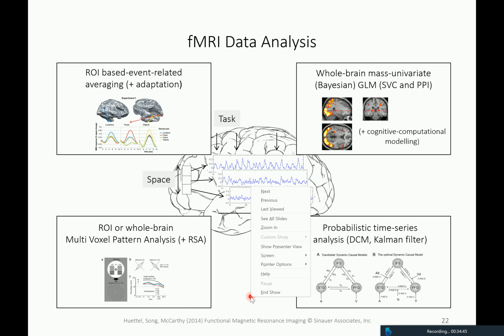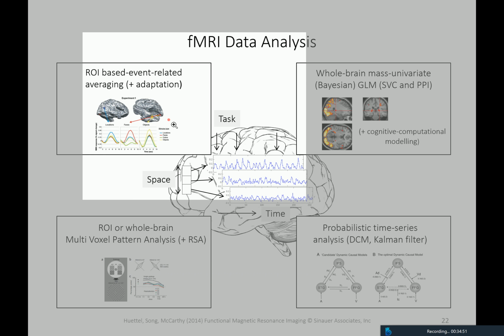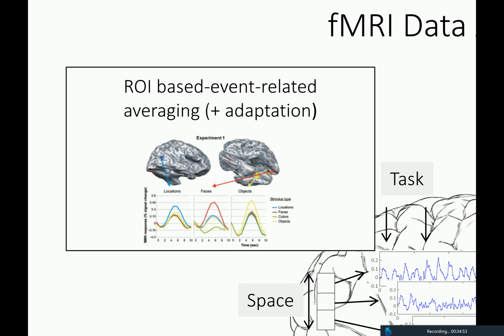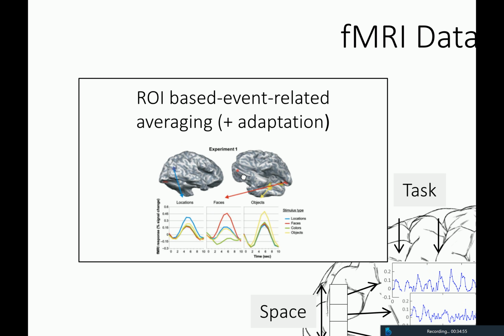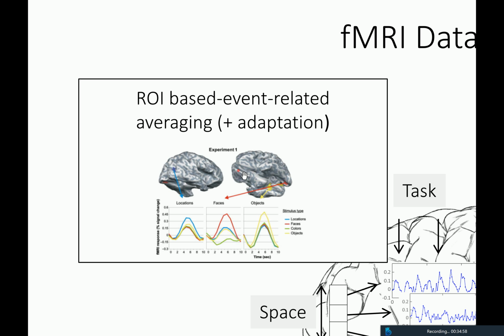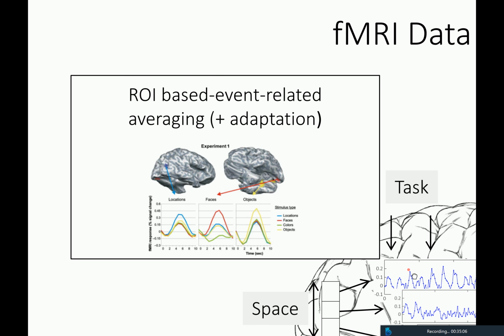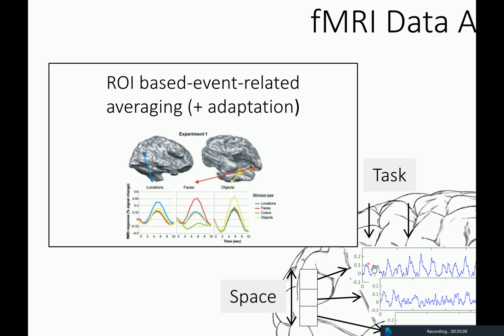And then here, what I also have on this slide are different forms of analysis. So this is the most old school way of analyzing fMRI data, which is very much inspired also by EEG analysis. So maybe you know that in EEG analysis, you basically cut out, for every stimulus, the peristimulus signal.